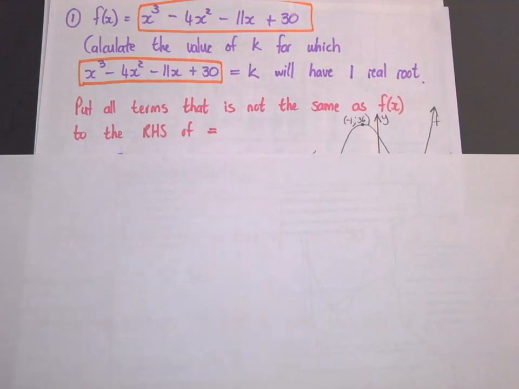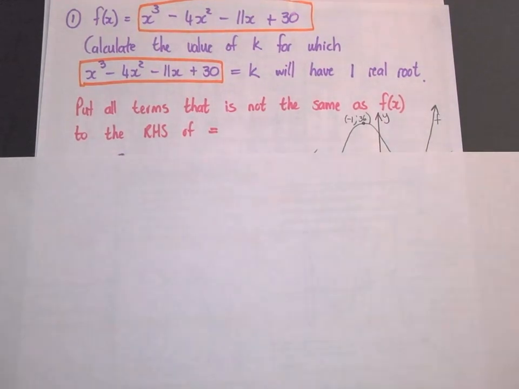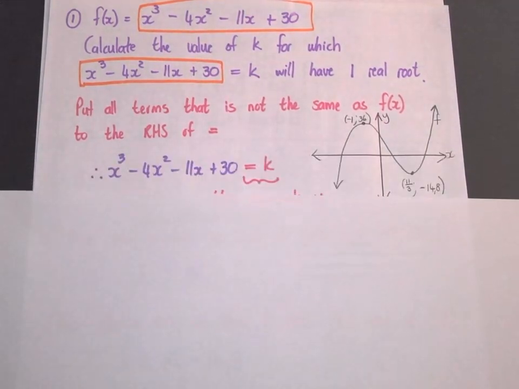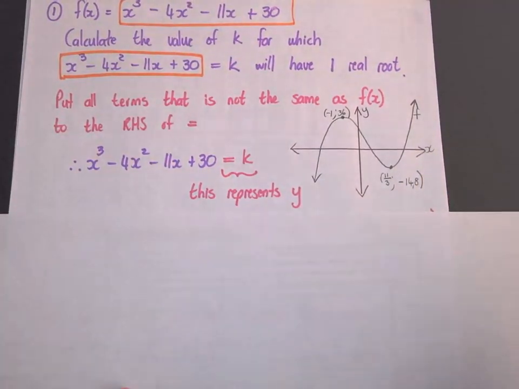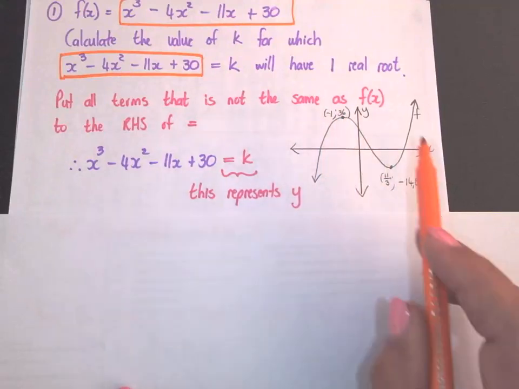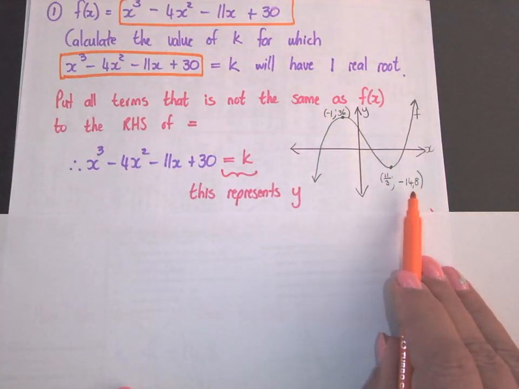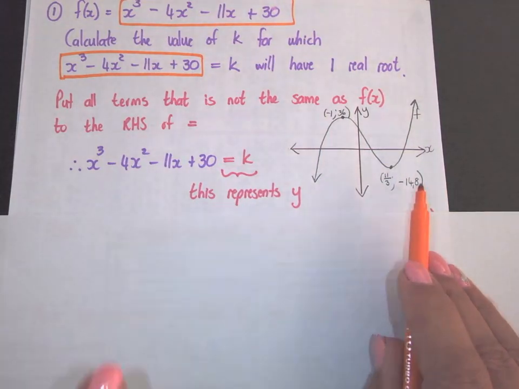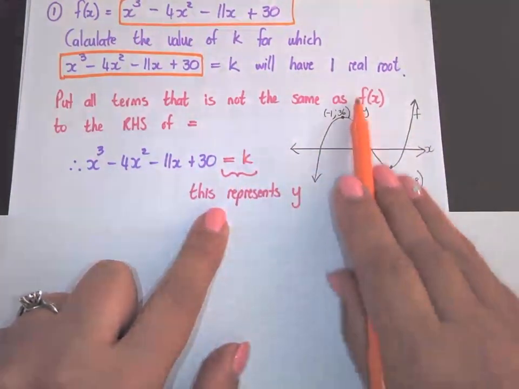The red here is what you should do, not what you should write in your answer. Now, there's my picture. I see that this coordinate is negative 1.36, and this coordinate is 11 over 3, negative 14.8. This y equals k represents the y-axis.